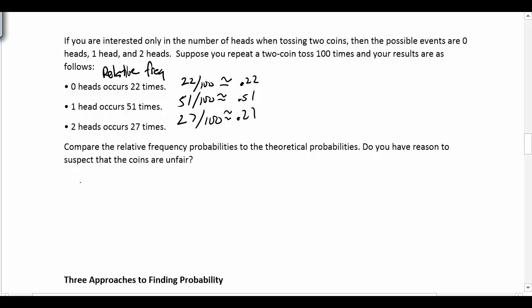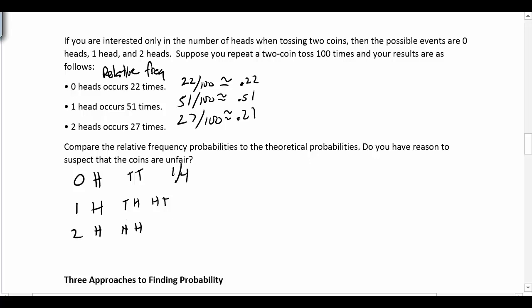Well, if we go back to our theoretical, so we did this earlier, there were 4 possibilities: tail tail, tail head, head tail, and head head. Those were the 4 different ways it could show up.